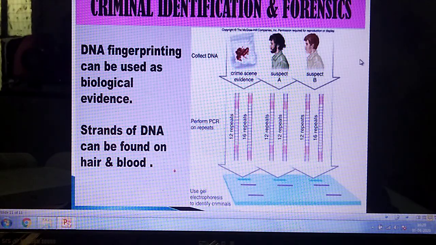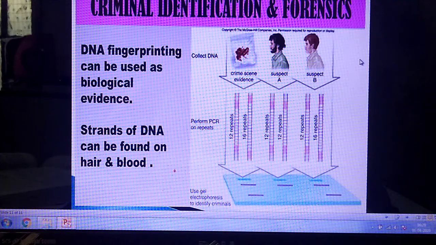Now a diagram clearly shows how a criminal can be identified by using the evidence of a blood sample collected from the crime place. This is the basis for the forensic studies done for examining the blood sample collected from the place of crime.